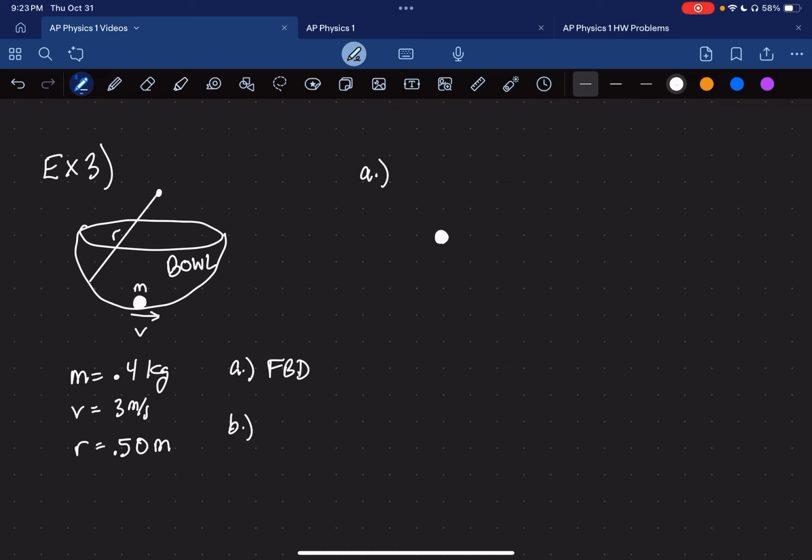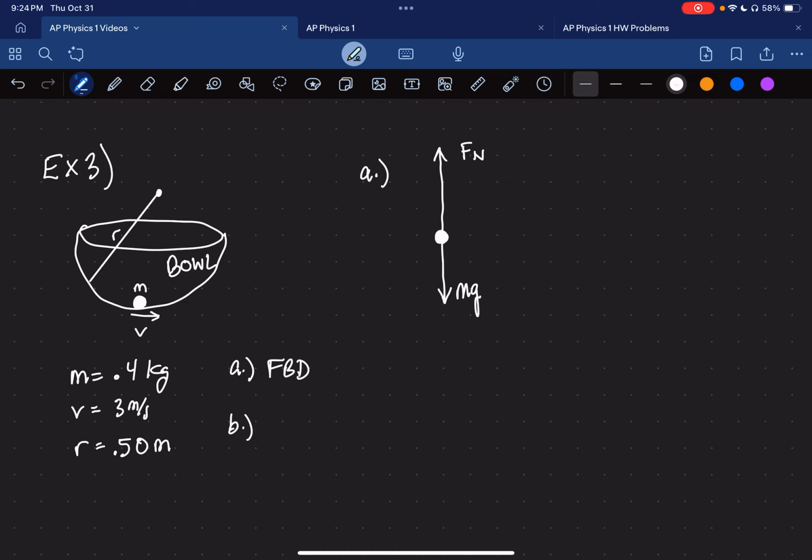And of course it has gravitational force mg. It must have a larger magnitude force pointed towards the center of curvature. Of course, I didn't draw it very well. And that force is from the surface, which is a normal force, Fn. I was looking at what some students had written down.